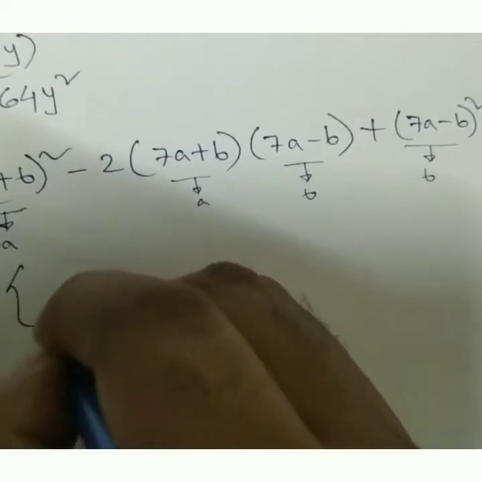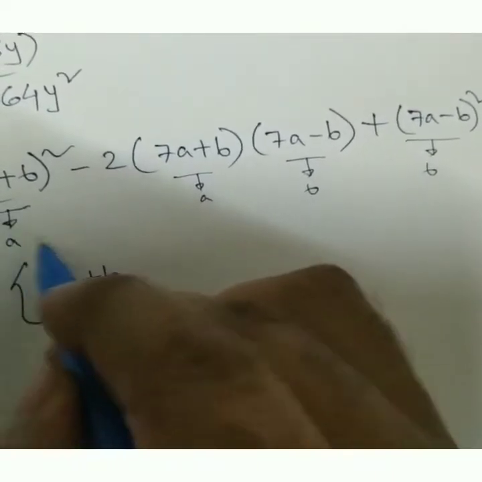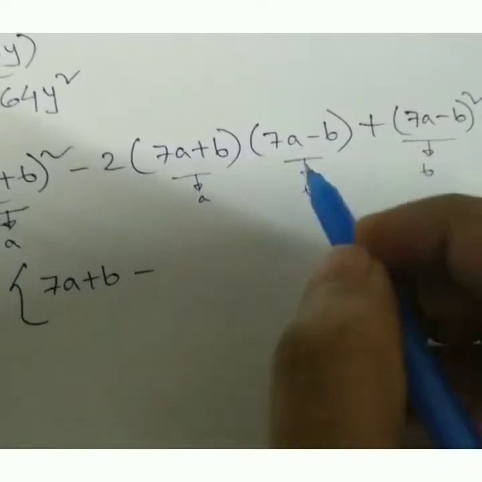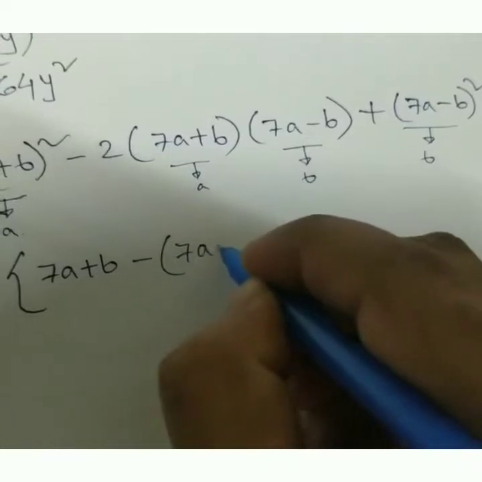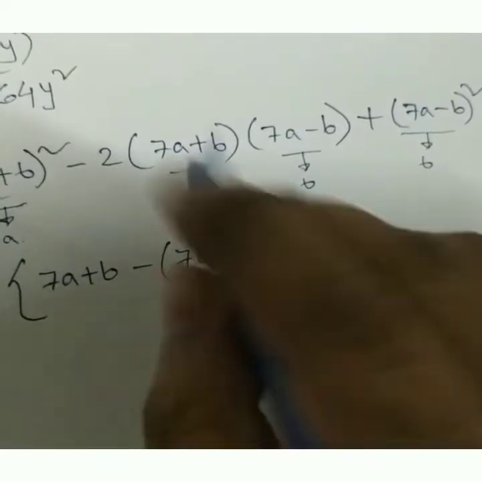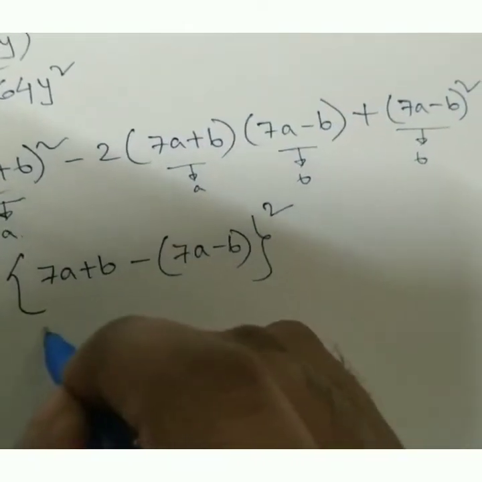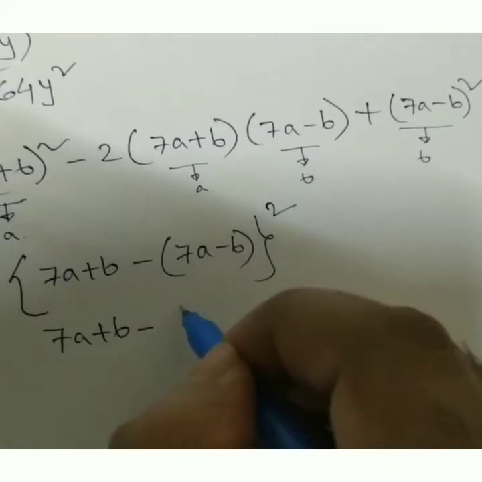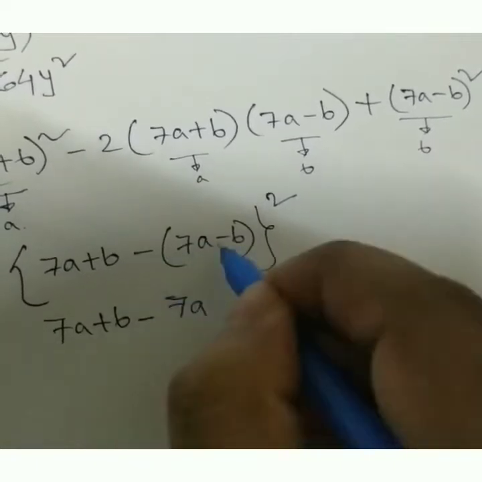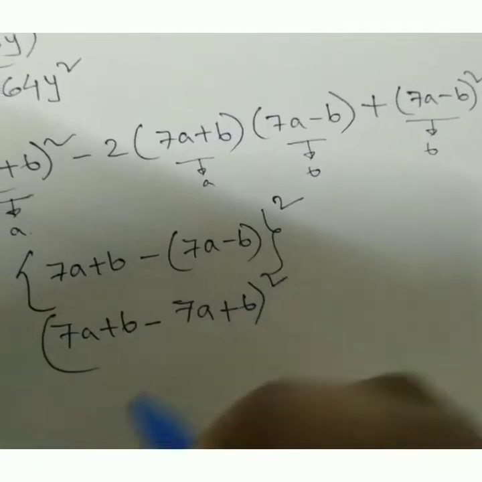So we can write 7a plus b, which is our a, minus b. B is what? 7a minus b. So in brackets we should write 7a plus b minus (7a minus b), and then put the square.